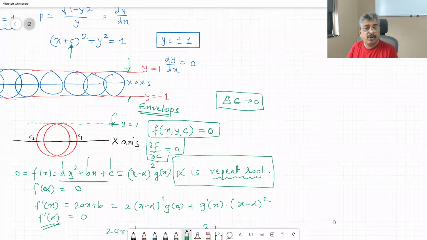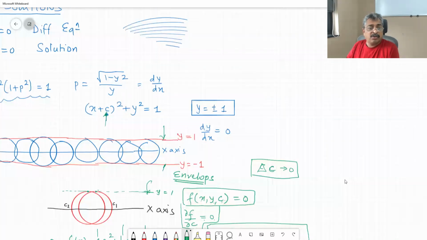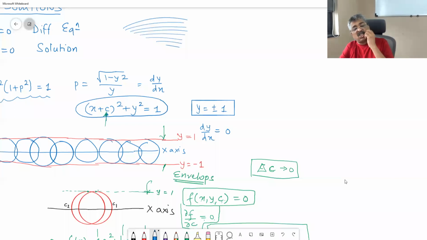Now we go back to our original equation. Our solution of differential equation was this. What is our derivative with respect to c? So this is f of x, y, c equal to 0.